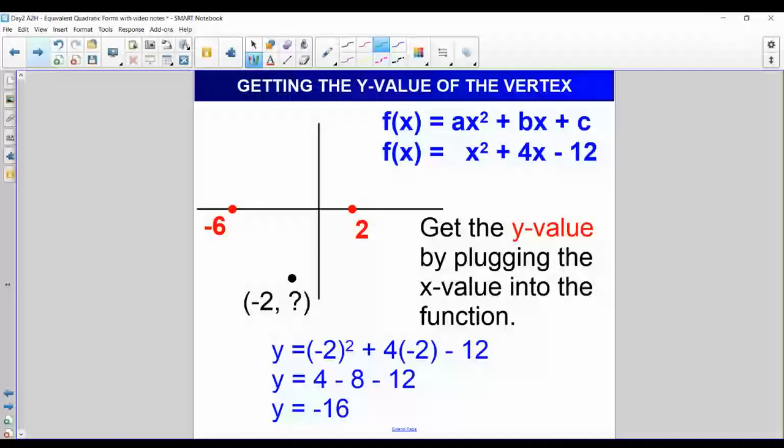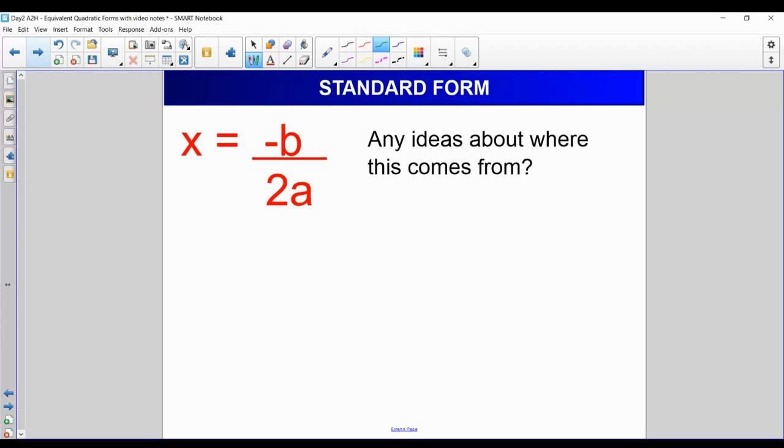So if I know the x value, I can plug it in to get the y value. So just take what you get when you have x equals negative b over 2a, plug it back in to the standard form equation, and figure out what your y value is. Any idea where that comes from?